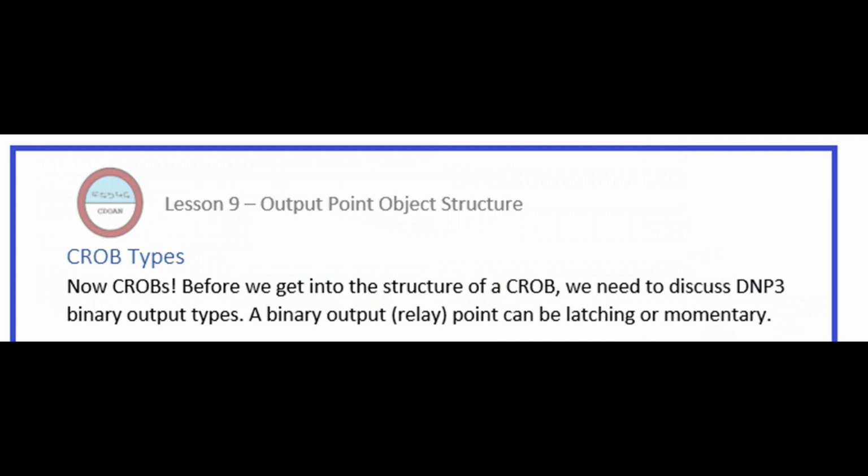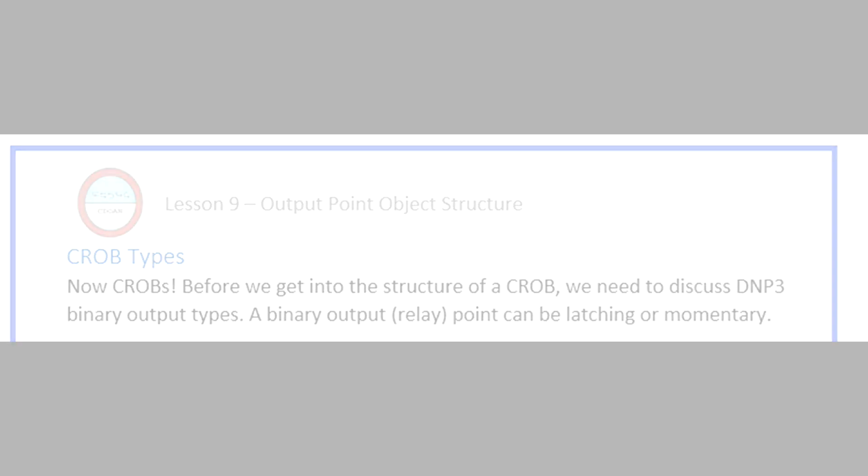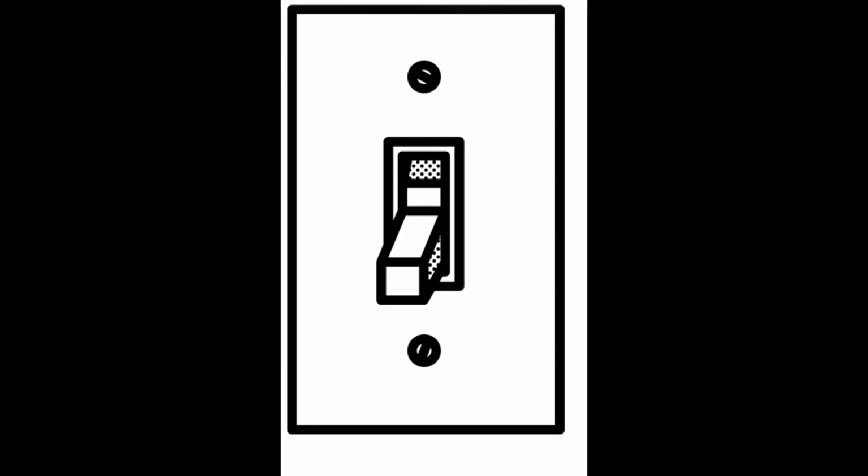Now CROBs. Before we get into the structure of a CROB, we need to discuss DNP3 binary output types. A binary output, a relay, point, can be latching or momentary. A latching relay can be controlled on or off.